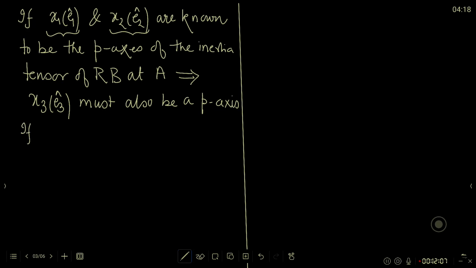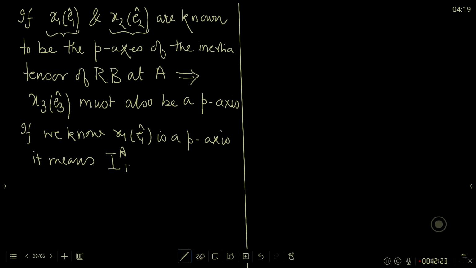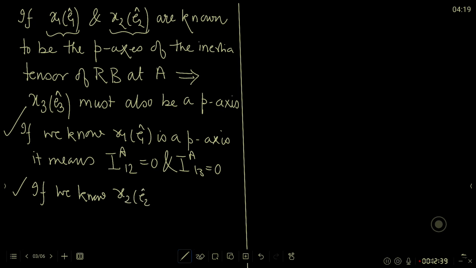So if we know x1 e1 is a p axis, it means what? It means by definition IA12 is 0 and IA13 is 0, right? A pair of conditions. And if we already know x2 e2 is also a p axis, what does it mean?